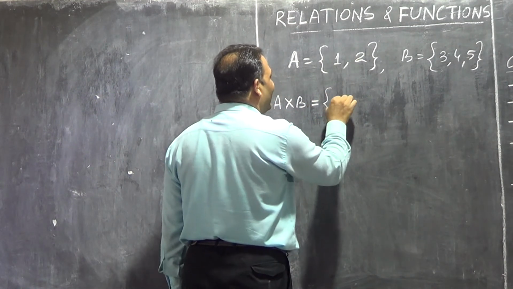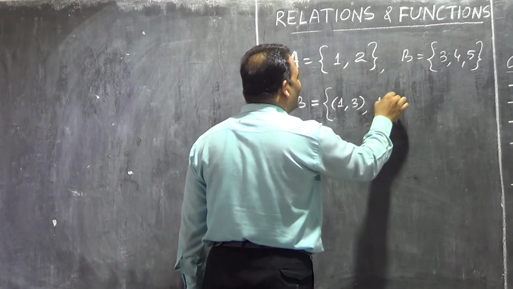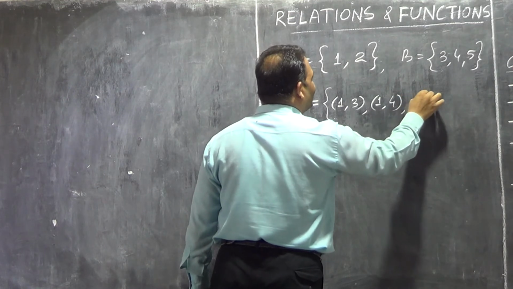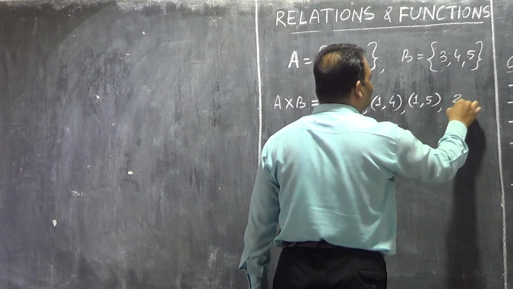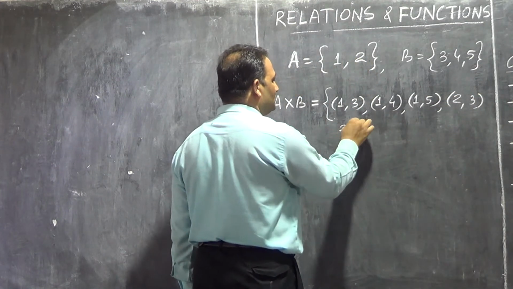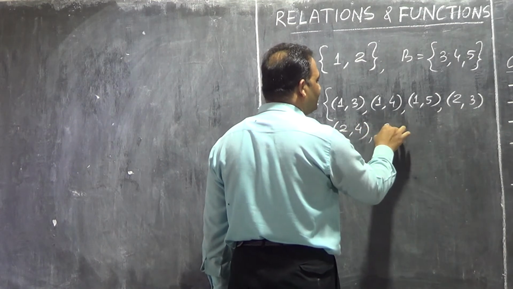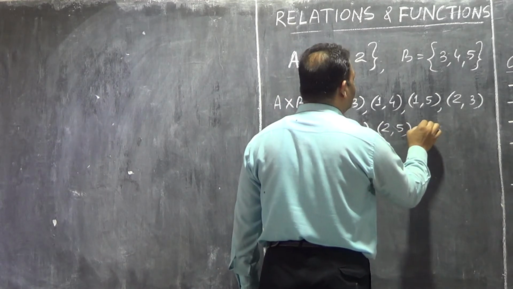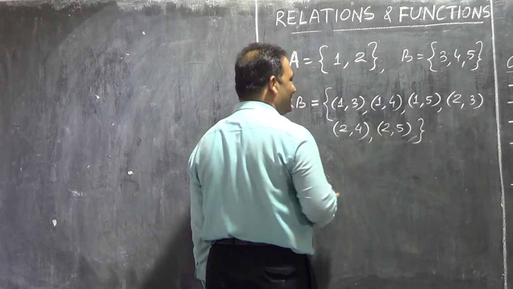So here we will get 1, 3, 1, 4, 1, 5, 2, 3, 2, 4, 2, 5, so 1, 2, 3, 4, 5, 6.